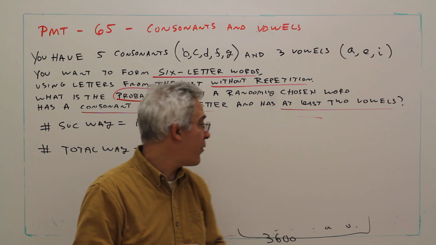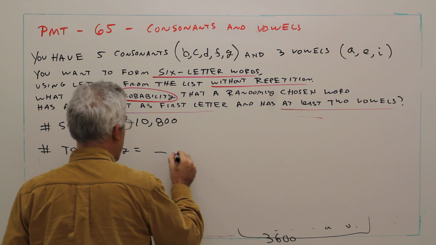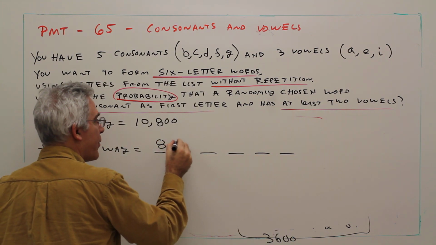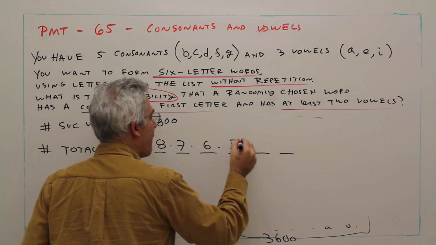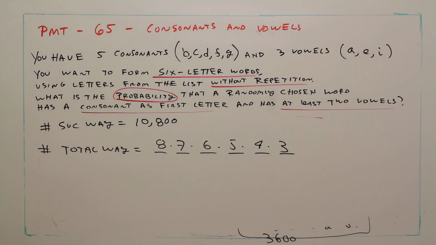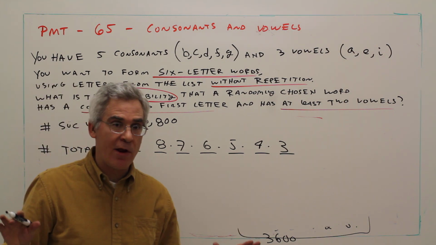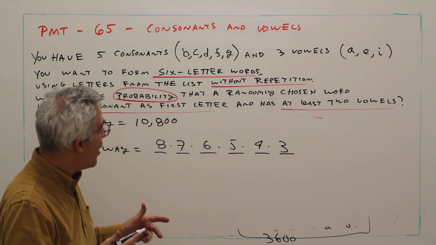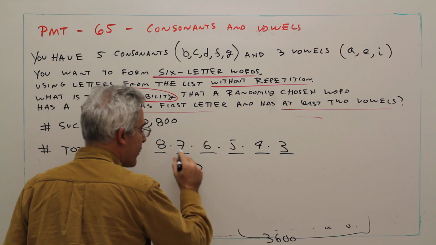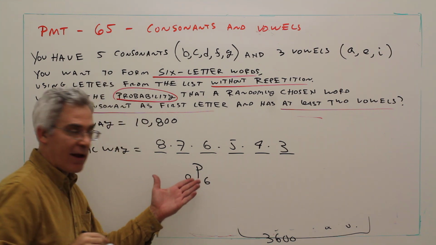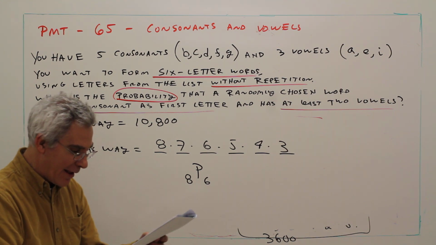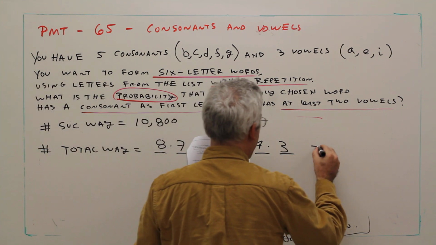So the number of ways of arranging that, I'll just be visual. 8 ways of doing that stuff, 7, 6, 5, 4, and 3. Okay, so that's without any restraints or constrictions whatsoever. A quicker way of doing that would have been, out of 8 objects, find the permutations taken 6 at a time. So just to save time, I got 20,160 for that.